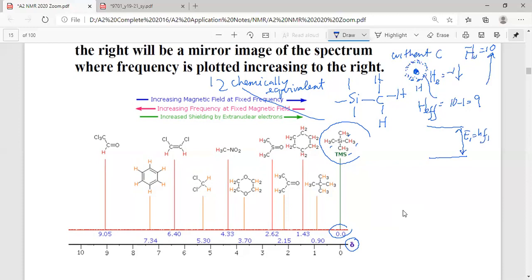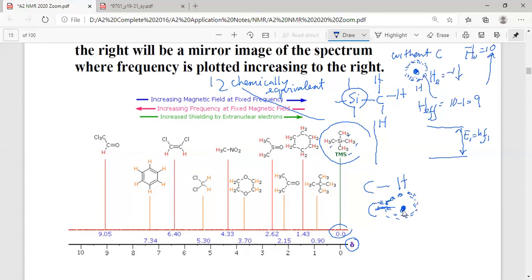Now if I put the carbon here, carbon bonded to hydrogen, remember this. Carbon, being more electronegative, will pull the electron here. Silicon won't pull because it's less electronegative. Of course there is some effect, but basically the carbon will pull.